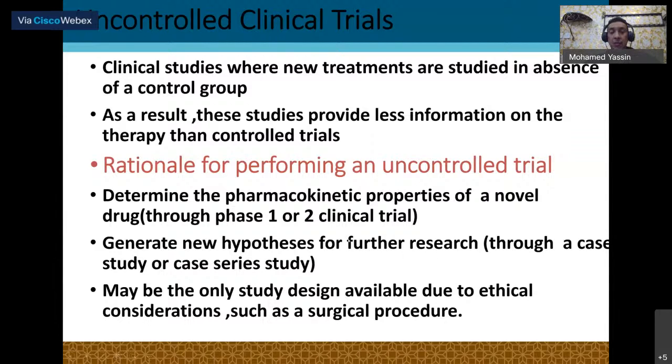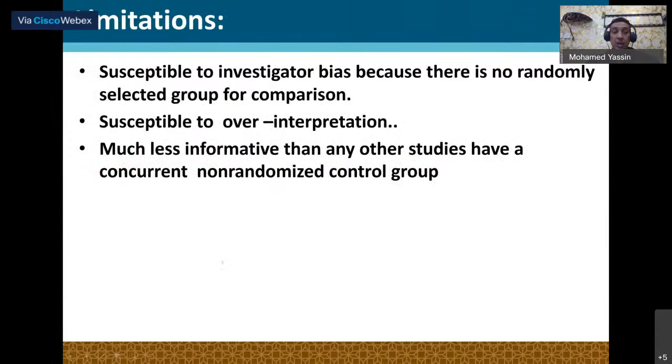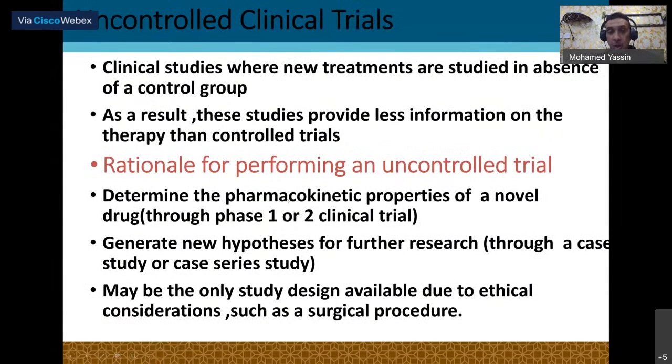This is another example. And then the third example where there is a rationale for performing an uncontrolled trial is when you are talking about pharmacokinetics. You want to investigate the pharmacokinetic properties of a novel drug through phase 1 or phase 2 clinical trials.